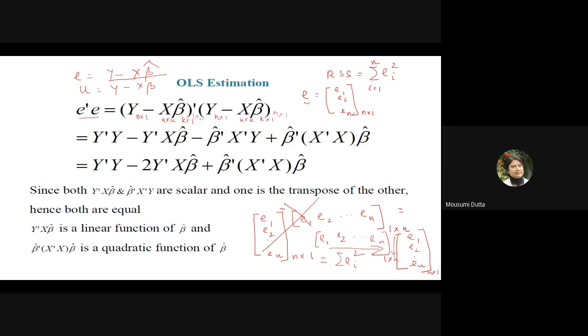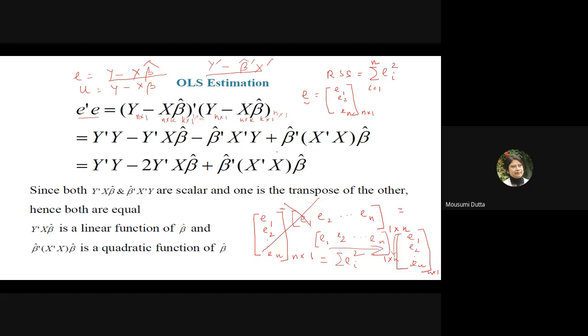Now I am taking the transpose and breaking the things, considering the entire expansion. When I take the transpose of the first factor, I get y transpose minus beta hat transpose x transpose. Am I right? Yes, ma'am. Okay.